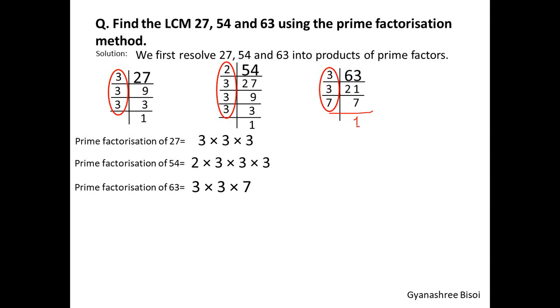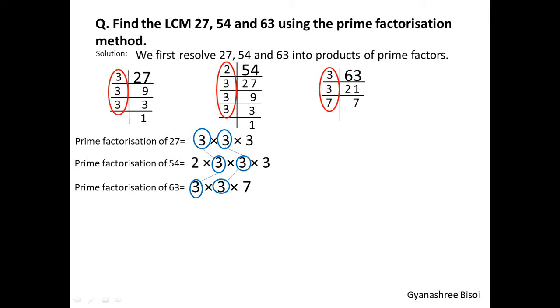Now we will find the common factor, a factor which is common in all, right? Here we can see 3 is common in all, so mark it well. 3, 3, 3. Common, right? Now, is there any other common? Yes, 3, 3, 3 are there in all the prime factorizations. So I will mark the 3, okay?